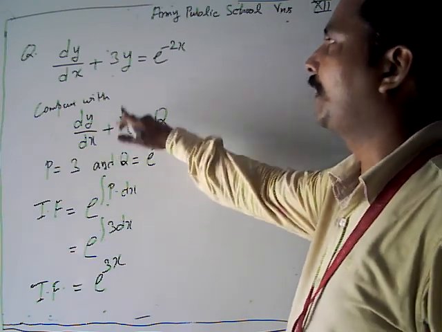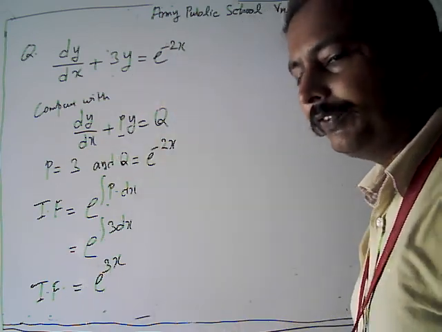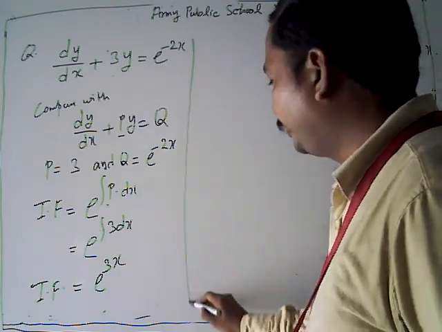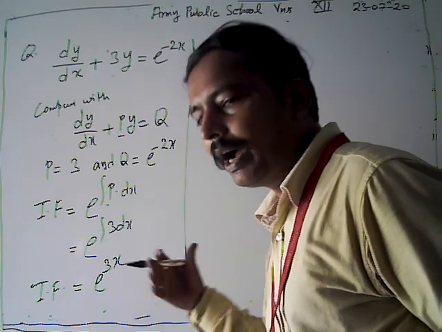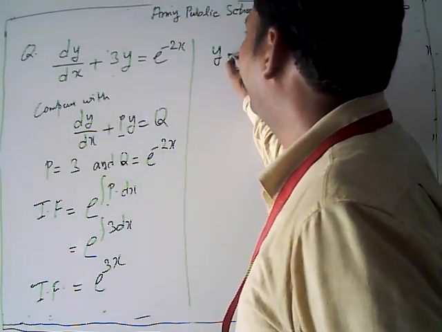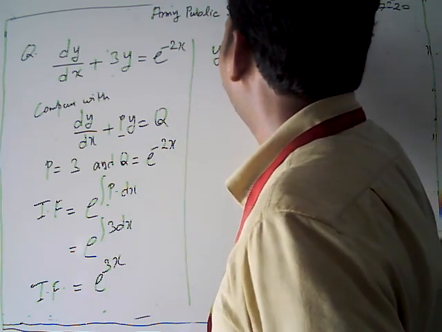Our first step was to write in standard form, and in the second step we found the integrating factor. Now, what is our solution? y into the integrating factor, which here is e to the power 3x.